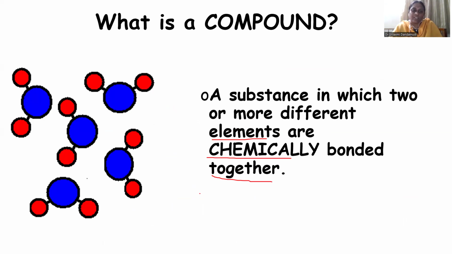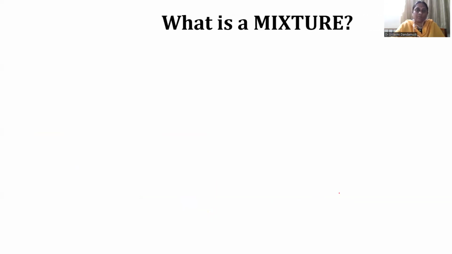If we consider carbon dioxide, it contains one carbon atom and two oxygen atoms, in a fixed ratio. For carbon dioxide, it should have one carbon and two oxygen atoms. So a compound is a combination of two or more different elements chemically bonded together in a fixed ratio. This is called a compound.